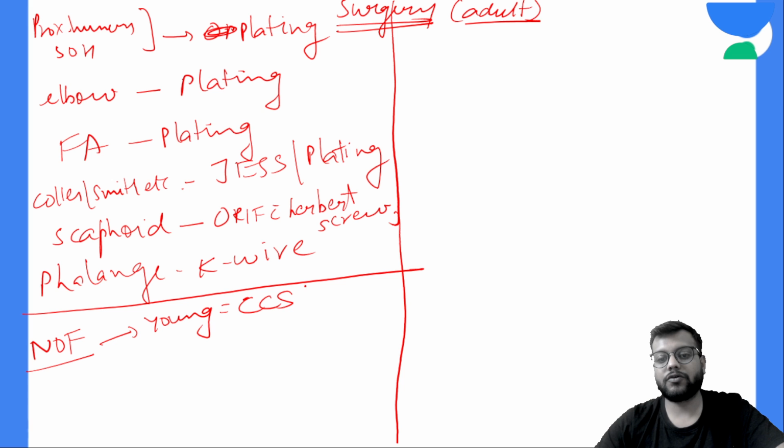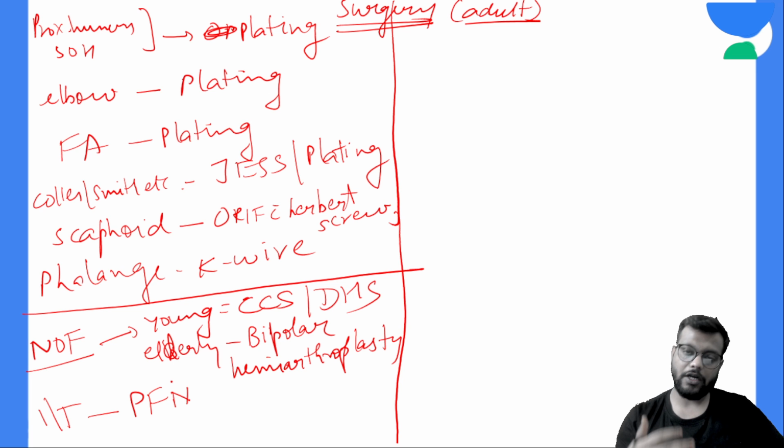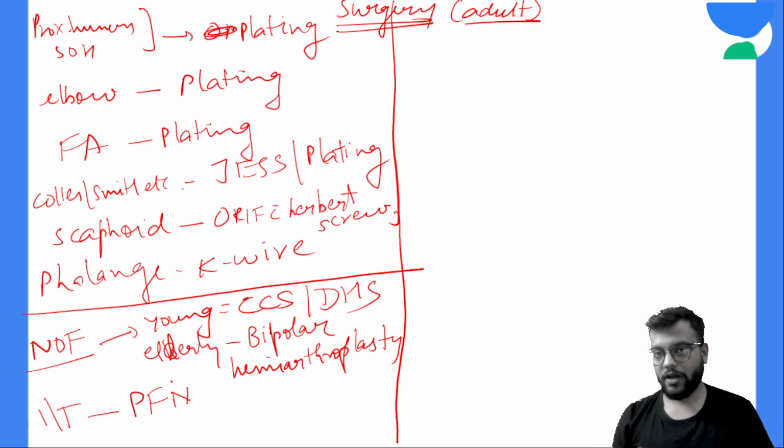If it is the elderly population, then you go for bipolar hemiarthroplasty. If it is a fracture of the IT femur, then you go for proximal femur nailing. It is different from the normal interlocking nail of the femur, a different type of nail, called the proximal femur nail. And for the shaft of femur, you go for the ILN femur.